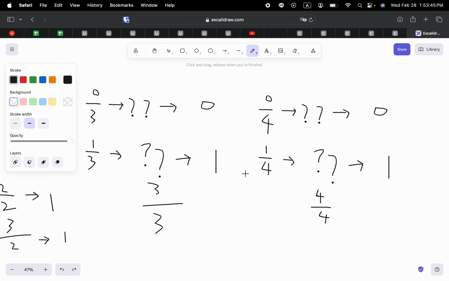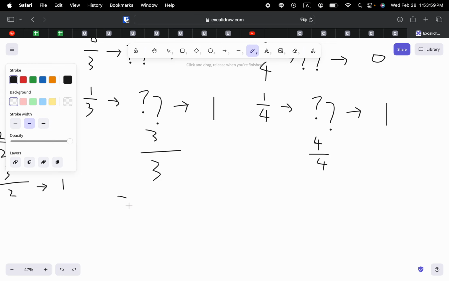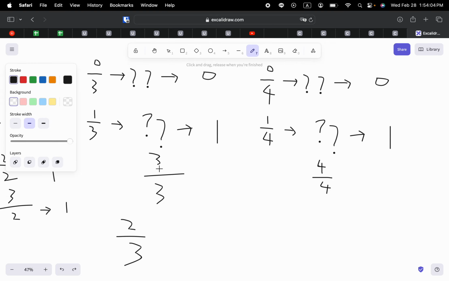Just from this, what do you think you should do? Add the difference between the bottom number and... okay, what if it's 2 over 3? Add the bottom number minus 1.